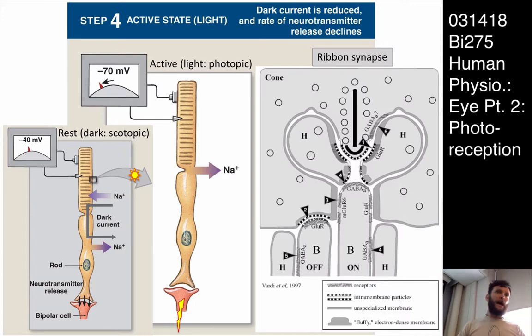You'll remember that we had horizontal cells and amacrine cells at the boundaries of the photoreceptor and the bipolar cell, and then the bipolar cell and the ganglion cell. They are involved in these synapses because we need some sort of neuron that's going to be constitutively activating the bipolar cell. So there are these GABAergic receptors. Glutamate is the excitatory neurotransmitter that's there.